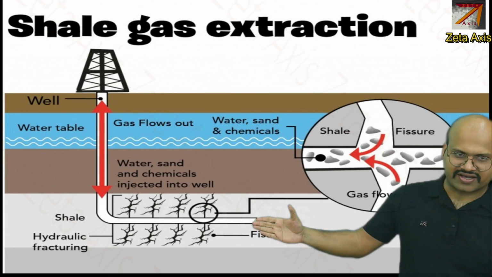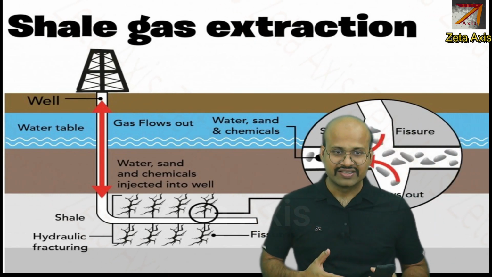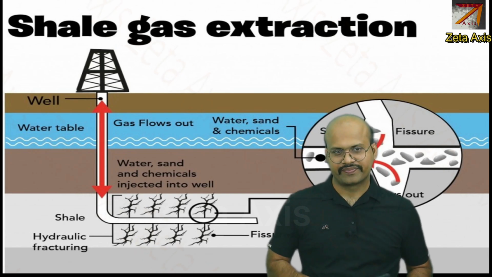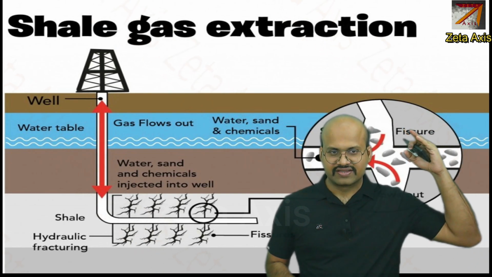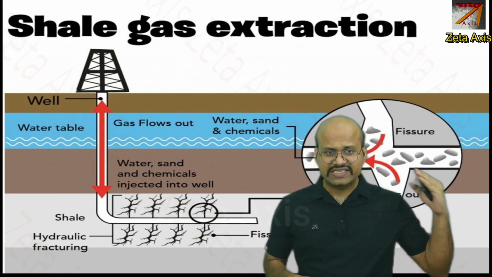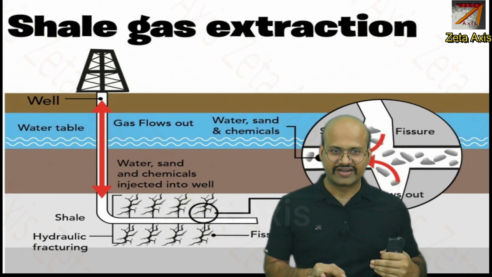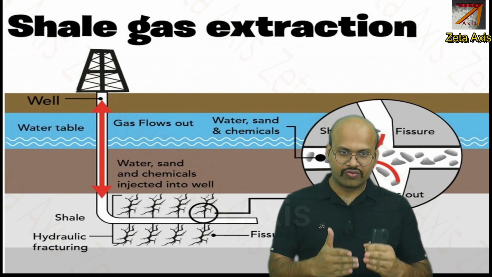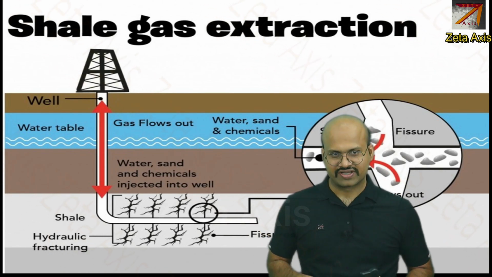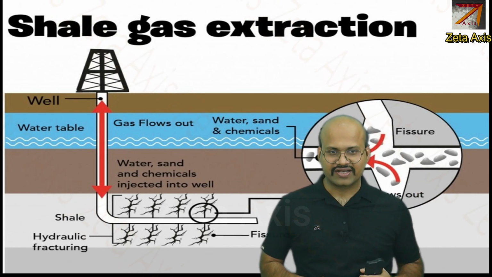Once these cracks are created, a fluid which has some coarse particles like sand particles is inserted under pressure. These cracks allow the gas in this layer to flow out, and these sand particles which are inserted under pressure keep this crack open. They do not allow them to close once again, because the sand particles are coarser.